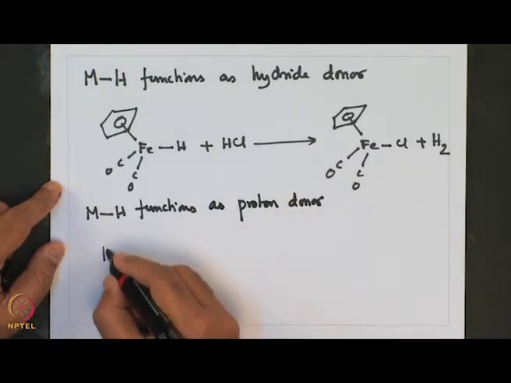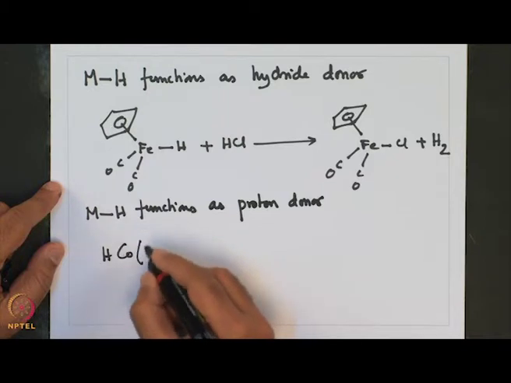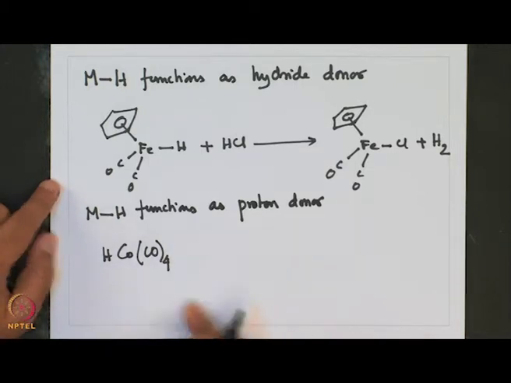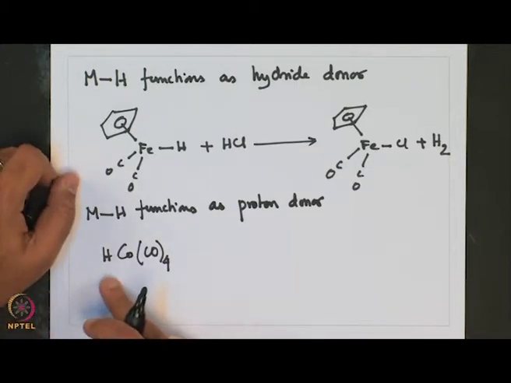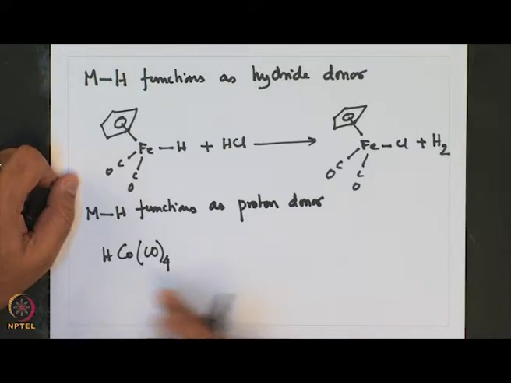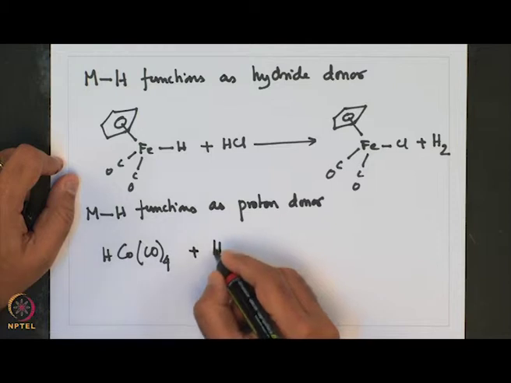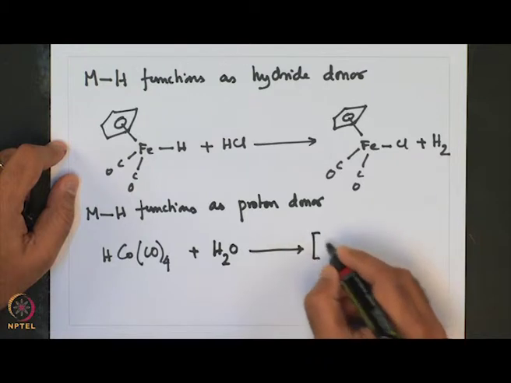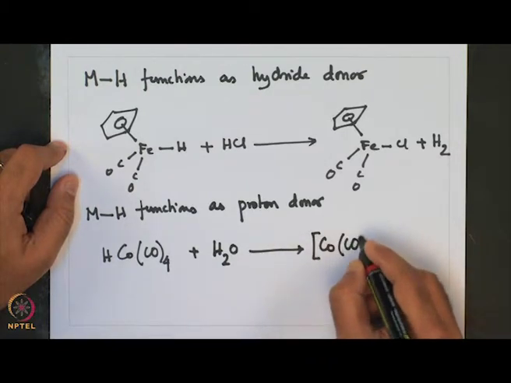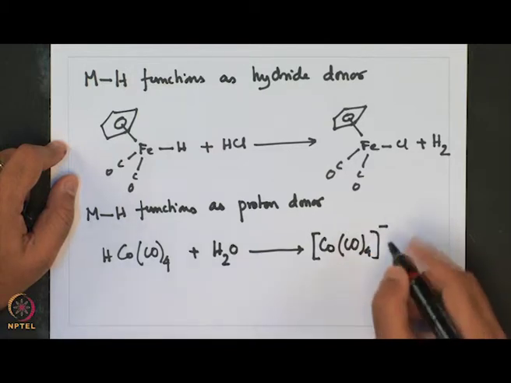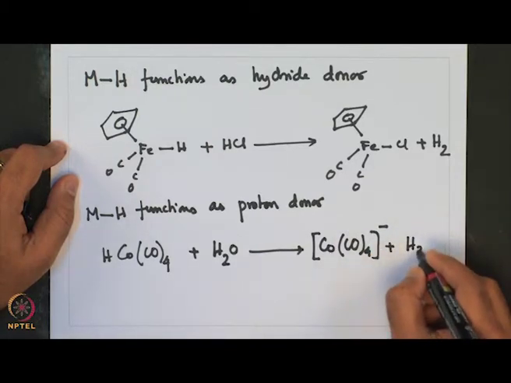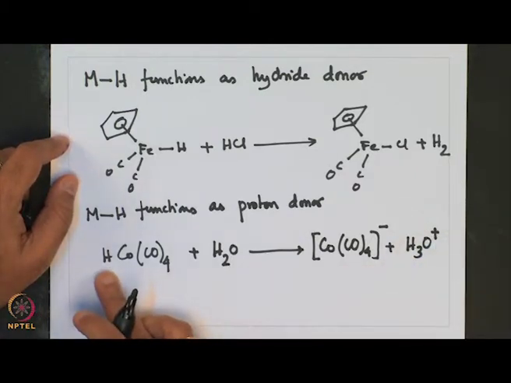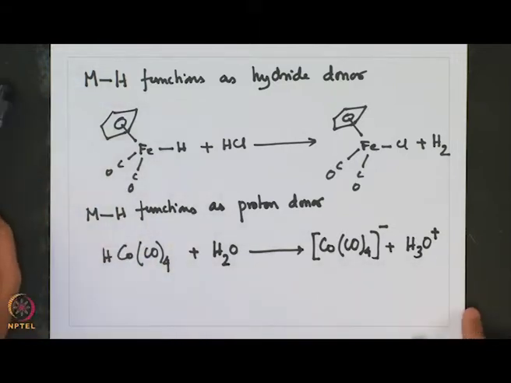For example, HCo(CO)4, and we had seen for this particular complex that this hydrogen is very much acidic, like that of sulfuric acid, and should be able to protonate water, H2O, giving the conjugate base, which is the cobalt carbonyl metallate, plus H3O plus. So, here this hydrogen is acting as a protic proton donor.